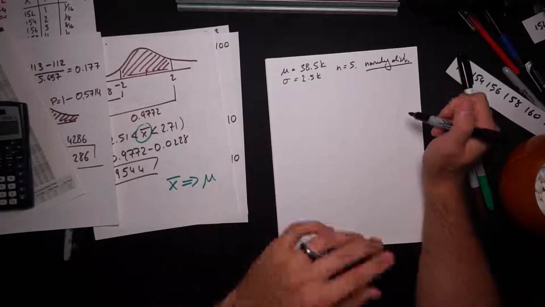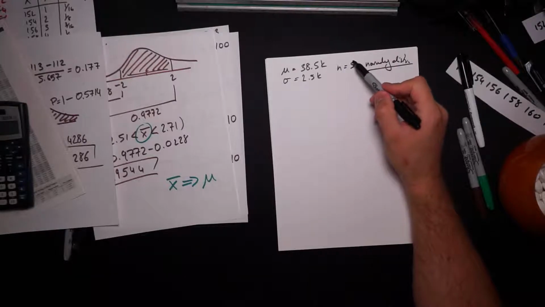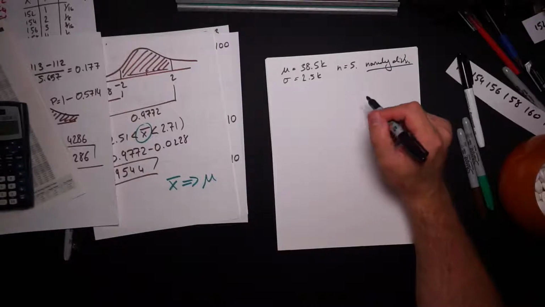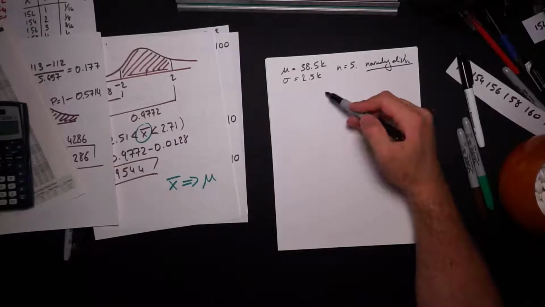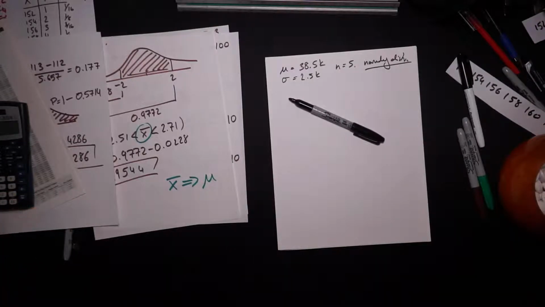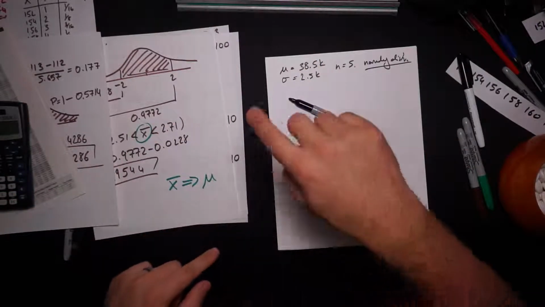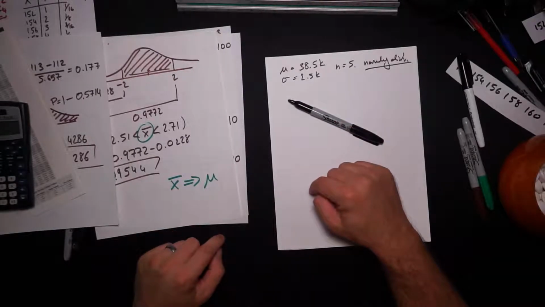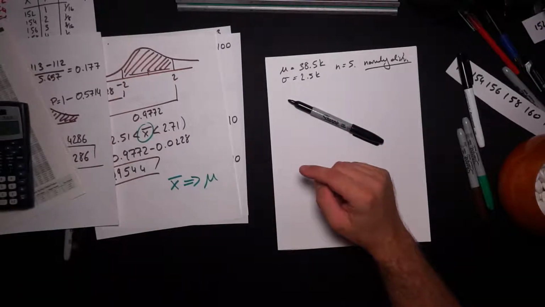Now the reason why they say it has to be normally distributed is because our sample is small. If our sample is small and it's not normally distributed, we cannot work with this. This whole idea comes from the fact that if the sample is large, the sampling distribution is going to be normally distributed. But if the sample is small, we might not necessarily get that chance.